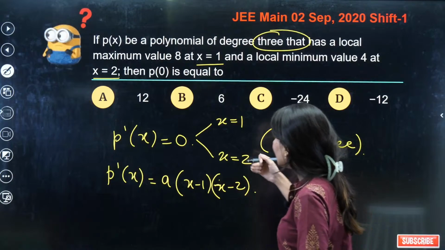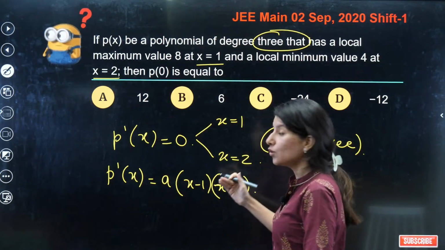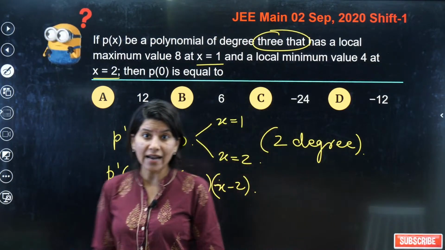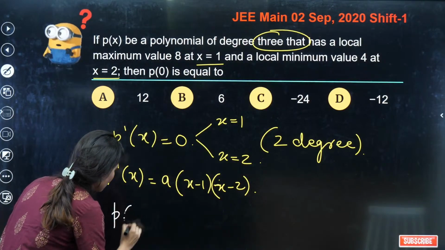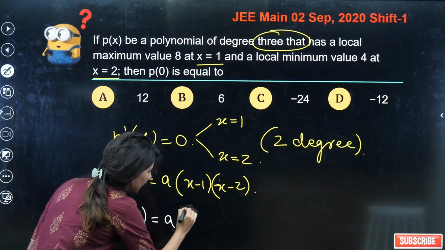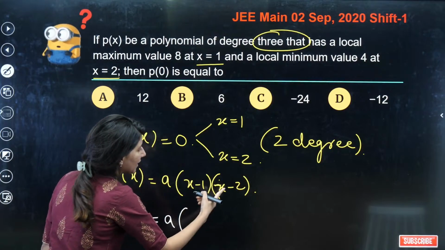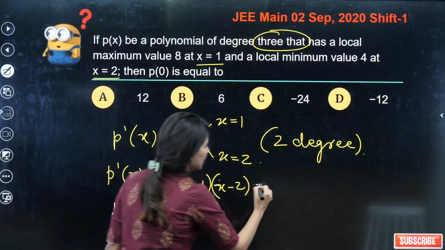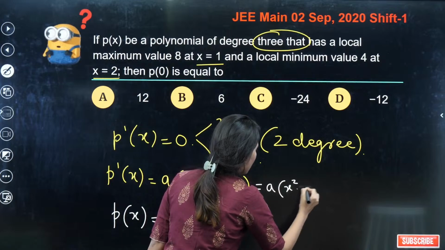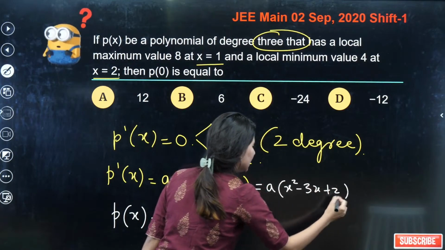And now what we need to do is integrate this and get P of x. So P of x will be nothing but a times (x square minus 3x plus 2). Integrate it.